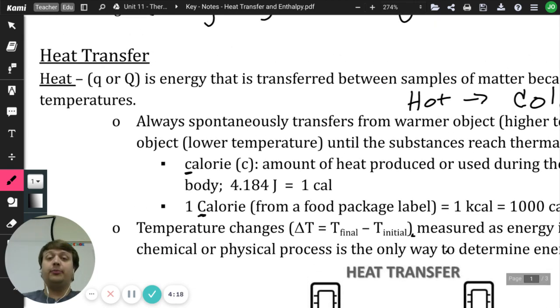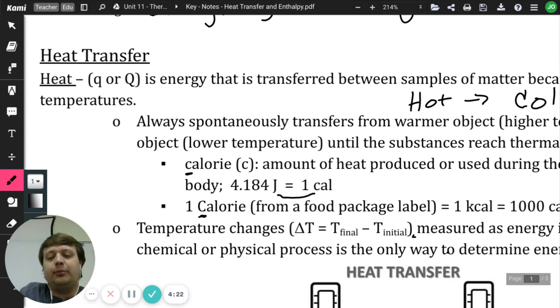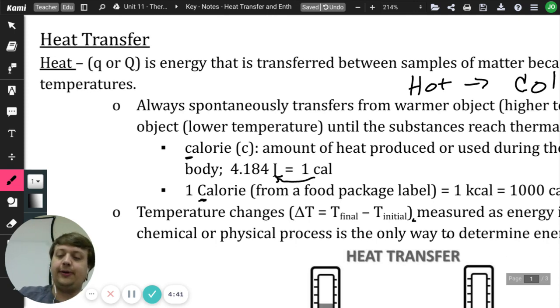Now, in terms of calories, calories actually represent an amount in joules. Remember, joules is energy. If you're taking physics, you have talked about joules before. But that conversion is 4.184 joules equals 1 calorie, 1 little c calorie. So 4.184 joules equals 1 little c calorie. All right.